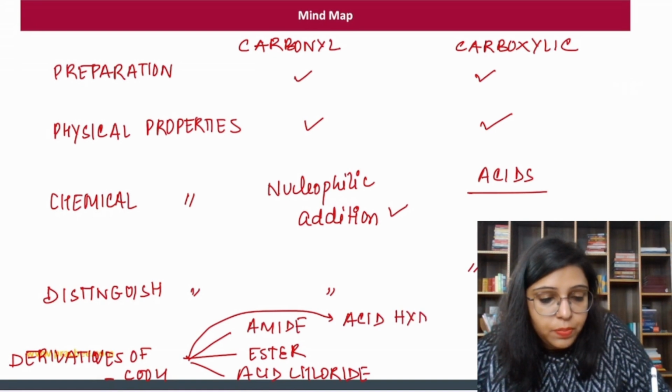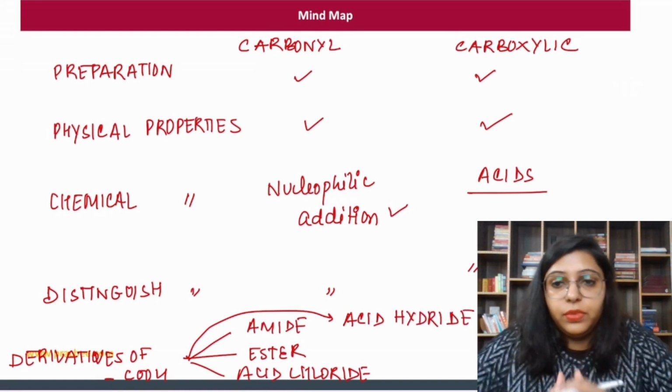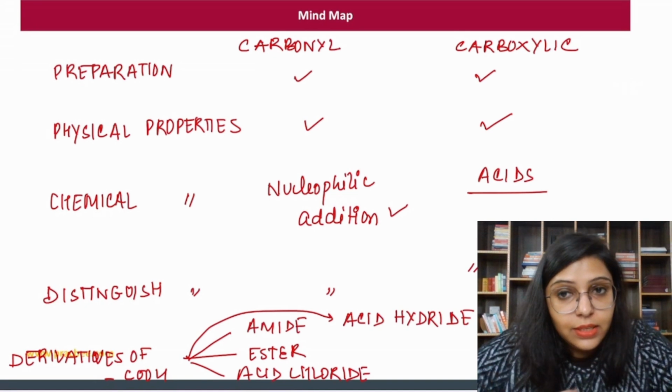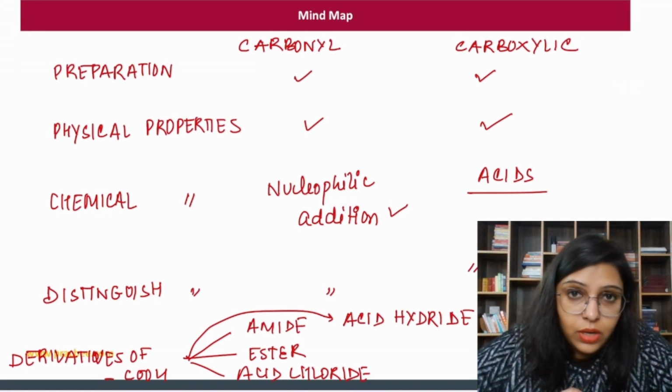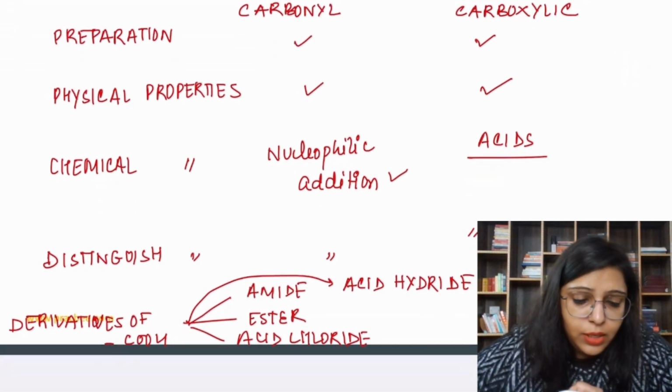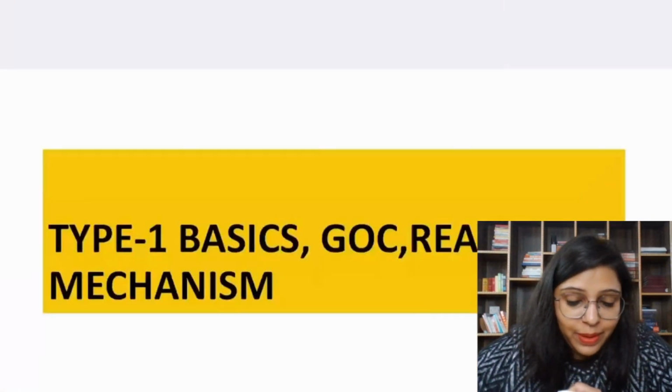So you should know the preparation and properties of these derivatives of carboxylic acid and their chemical reactions. So this is the important part with respect to the mind map.